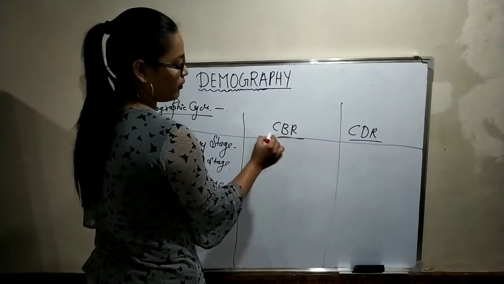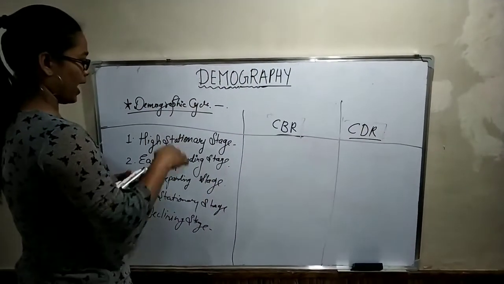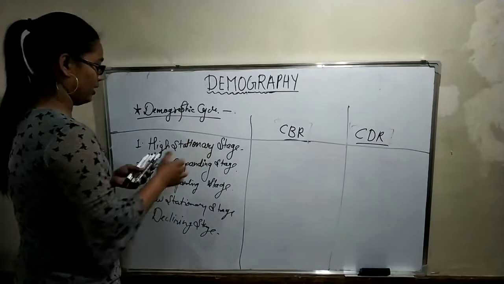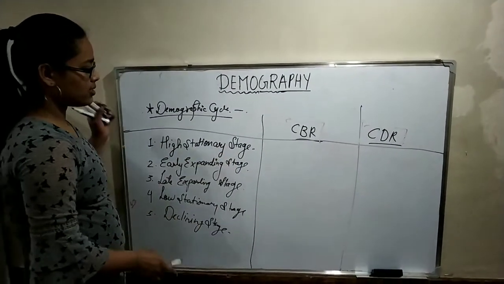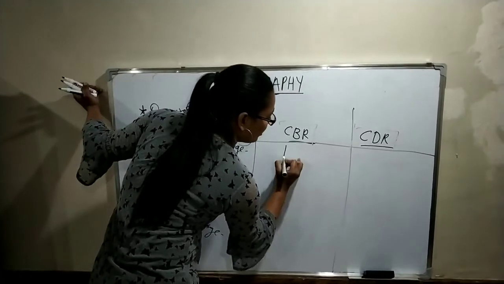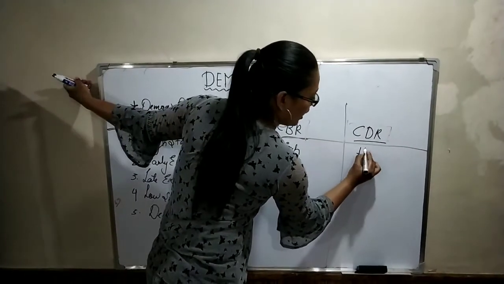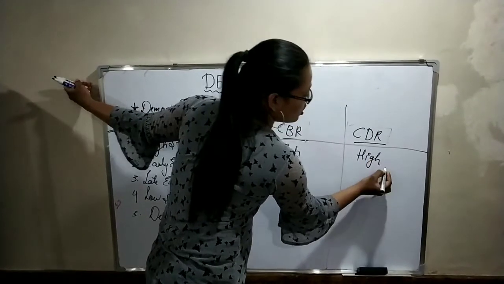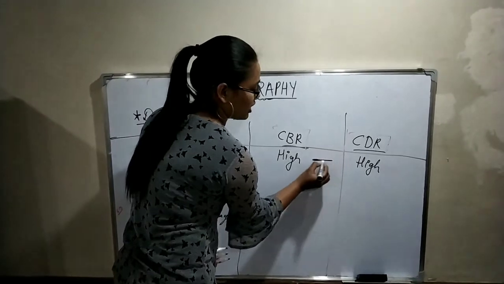Before, we have discussed crude birth rate and crude death rate. Now we will apply this on the demographic cycle. When we talk about high stationary stage, in this stage crude birth rate will be high and crude death rate will also be high. So if high birth rate, high death rate, there will be stationary.